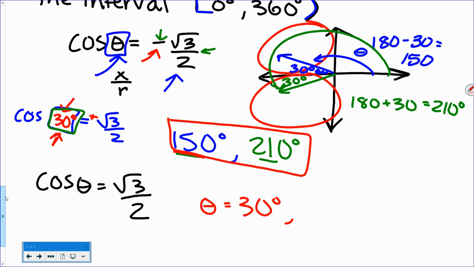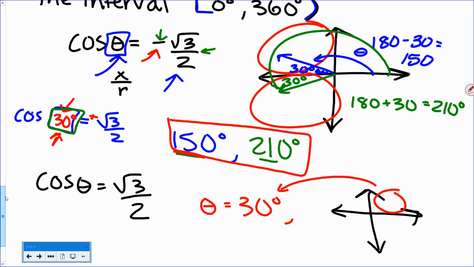Remember, this can go all the way around. My two quadrants where cosine is positive are quadrant 1, that's our 30 degrees, and quadrant 4, because x is positive in quadrant 4. So all the way around to here, we want that theta that's just 30 degrees before 360, which would be 330 degrees.